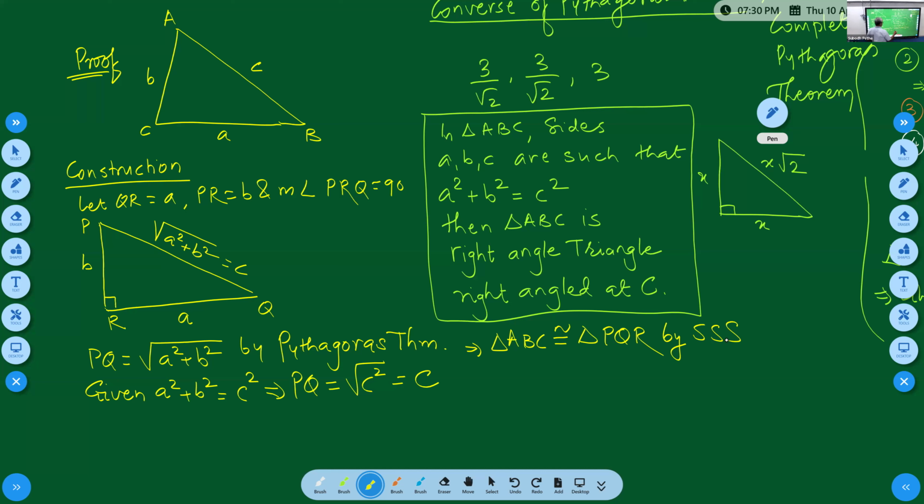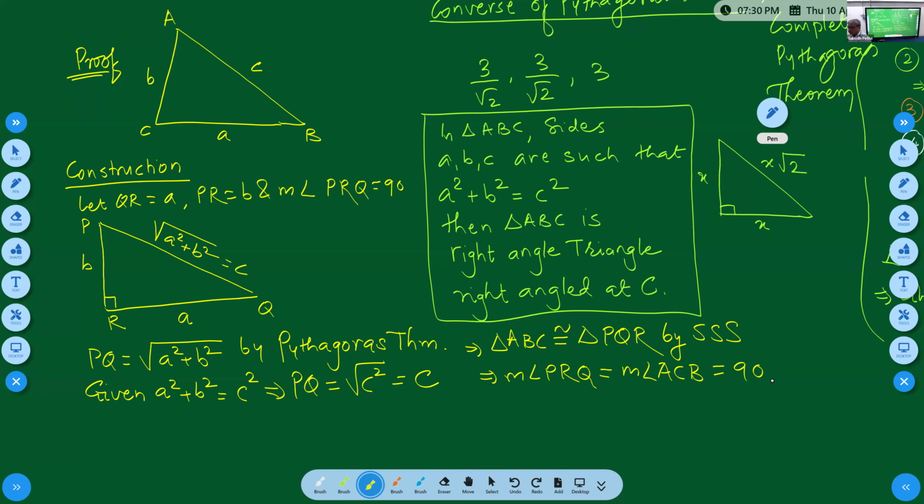And therefore, measure angle PRQ is equal to measure angle ACB, equal to 90.